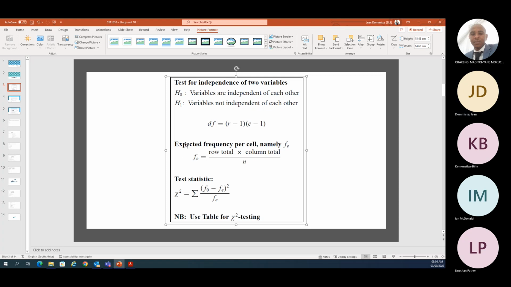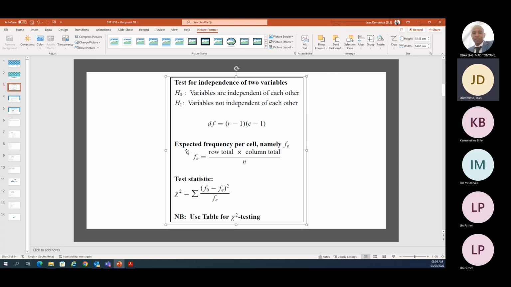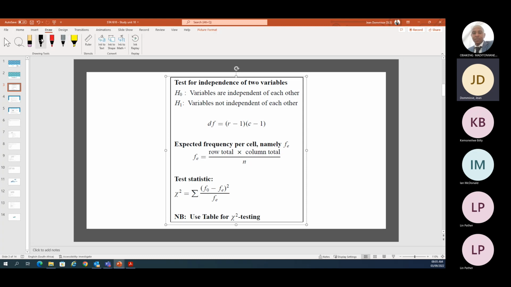Then for us to work out an expected value. They will normally give you in the table the observed value. They can ask you to work out the expected value, and they can ask you to work out the test statistic. And let's be honest, this does not happen a lot.